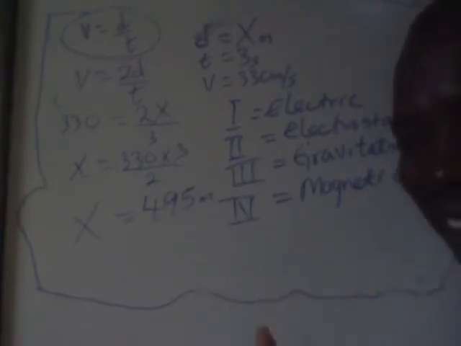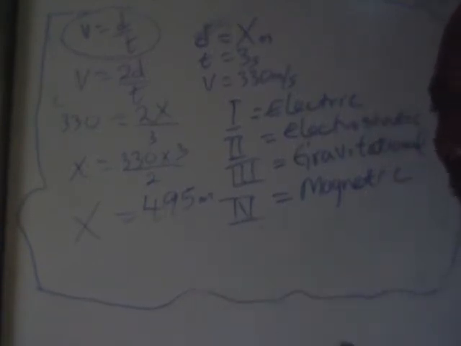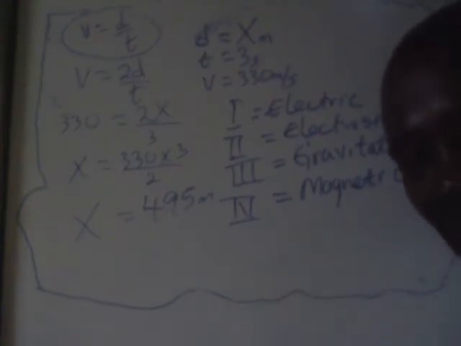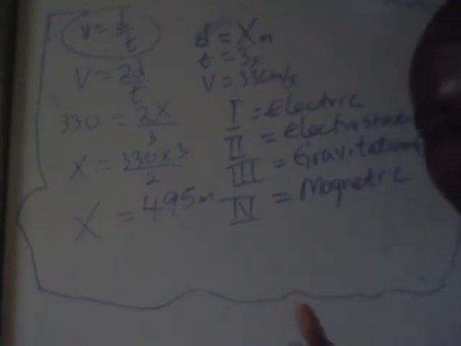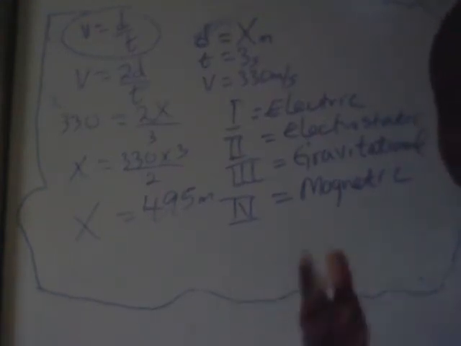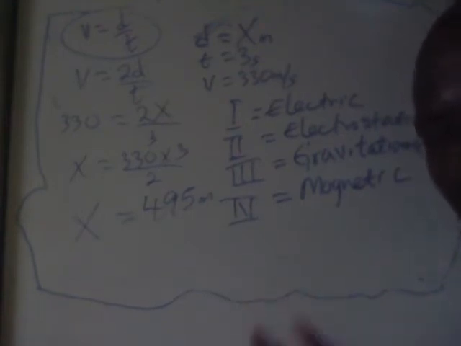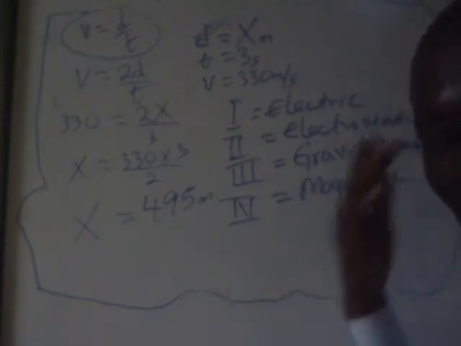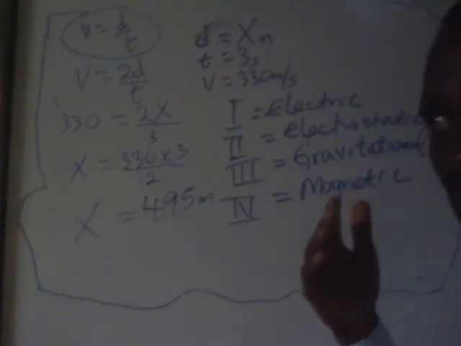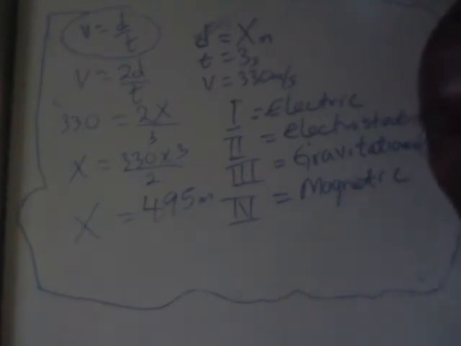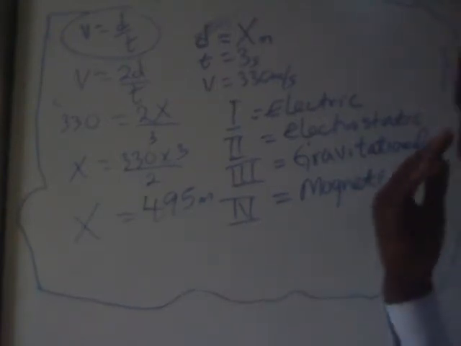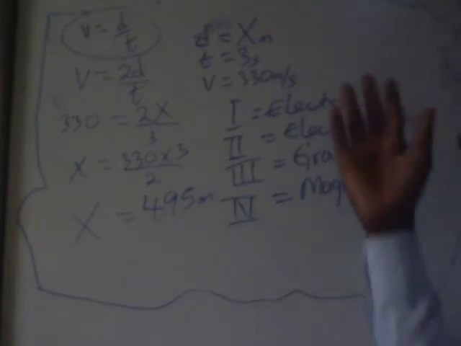But for masses, we don't have positive mass and we don't have negative mass. We can't say the mass of a boy is minus 20 kilograms. It's not feasible, it doesn't exist.